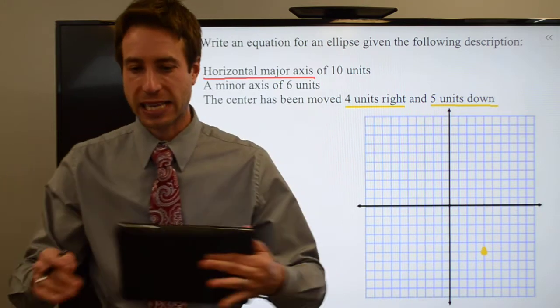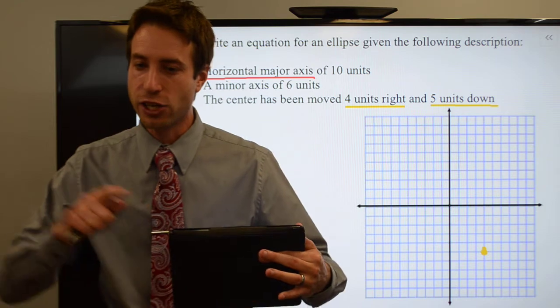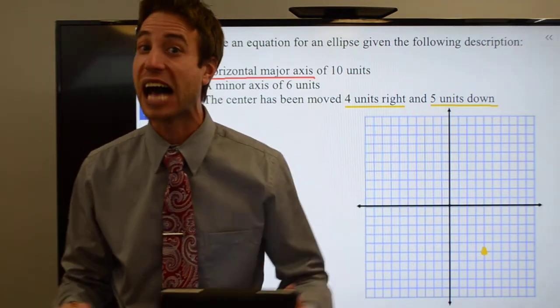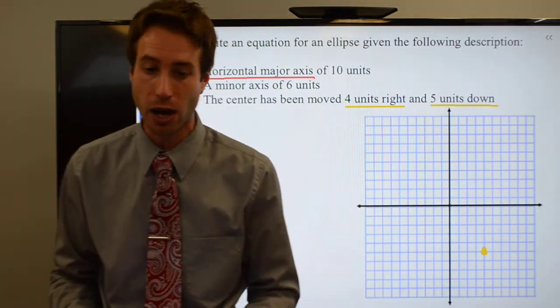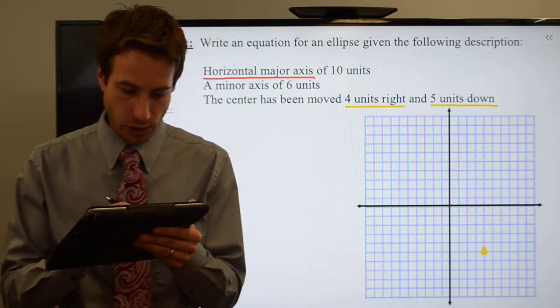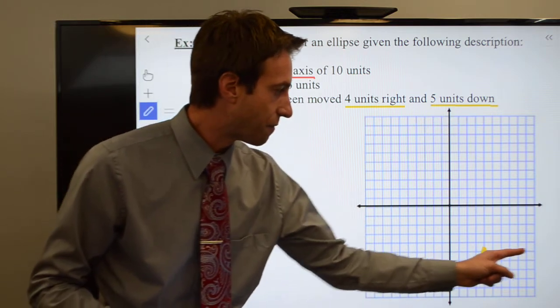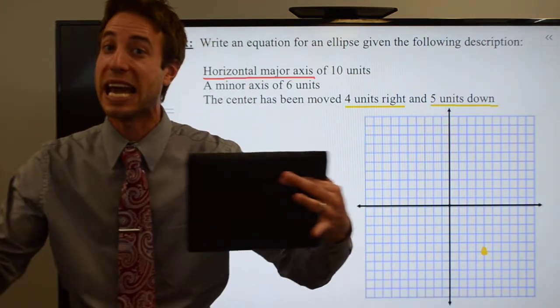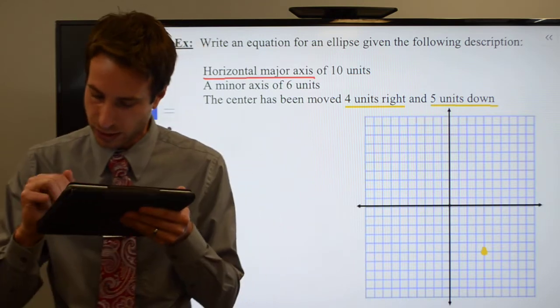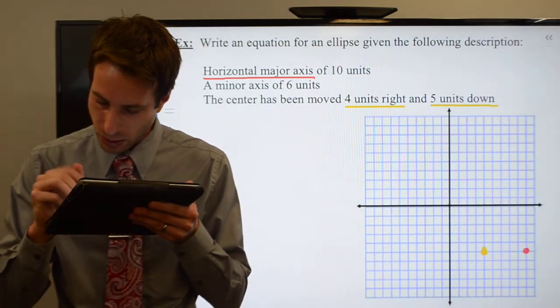So if the major axis is horizontal and it's 10 units long, how many units on each side of the center do I need to go? Yeah, you got to go 5 units. So we'll go 5 units to the left, 5 units to the right. That'll give me a total length of 10 units. 1, 2, 3, 4, 5. There's that one.